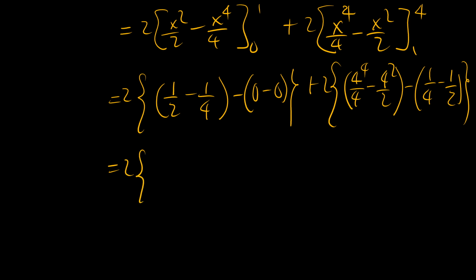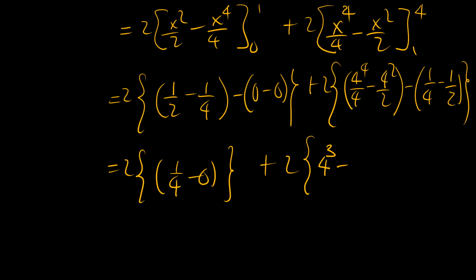Okay, so this is a quarter minus 0 plus 2 times 4 to the power 3 minus 4 times 2, minus negative a quarter.